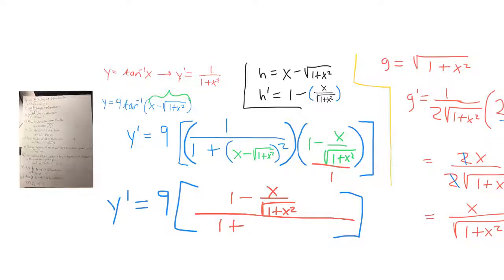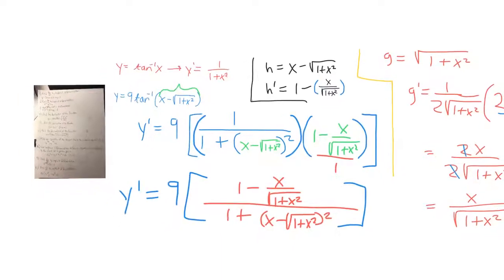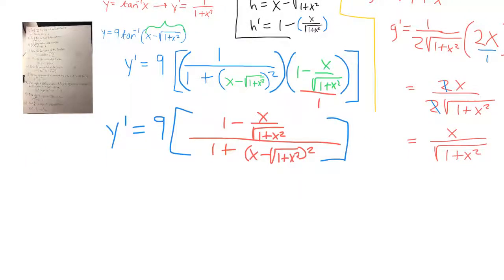All right. So a possible final answer is 1 minus x over radical 1 plus x squared, literally all over 1 plus x minus. That is a possibility for sure. And I suppose the teacher might appreciate the 9 getting distributed in. Now, keep in mind, 9 secretly has a 1 underneath it. So you could think of this as a fraction times another fraction.